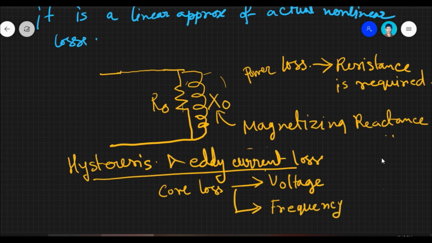From our experience, if we can keep these two quantities constant, then for a given coil its iron loss remains constant. It is very important to note that if we keep voltage and frequency constant, then that will ensure our core loss is constant.